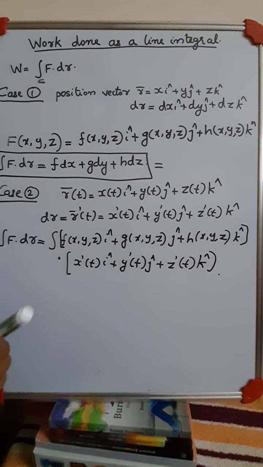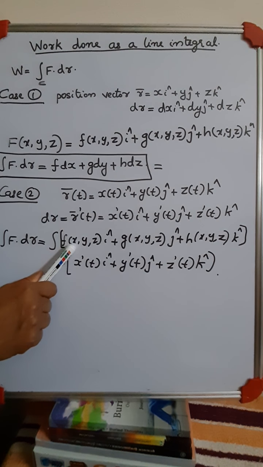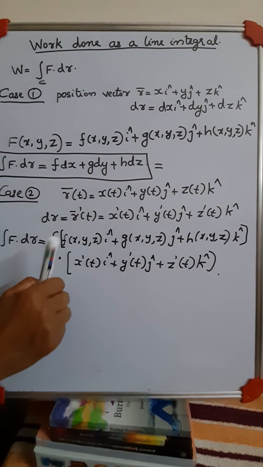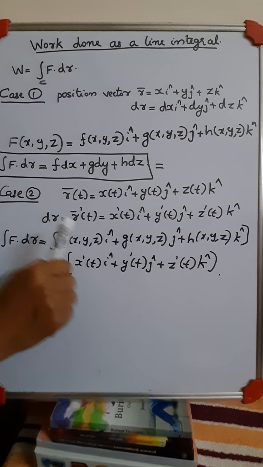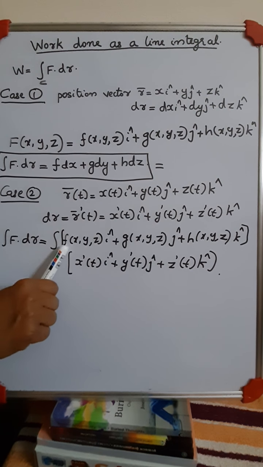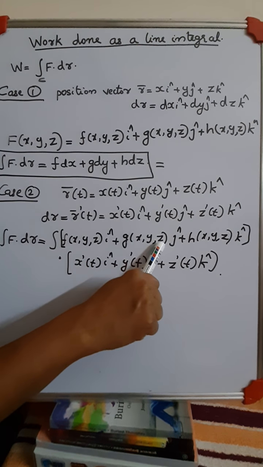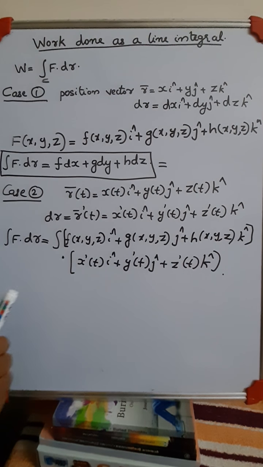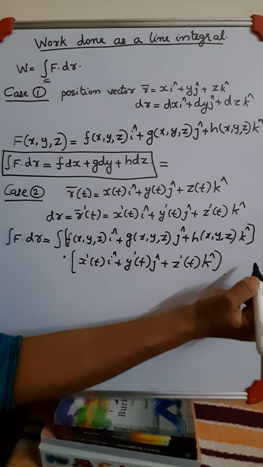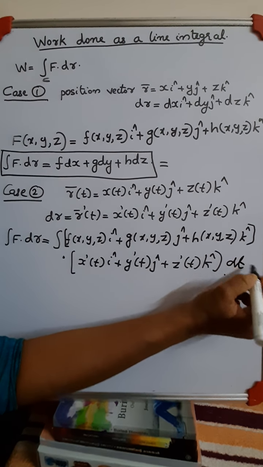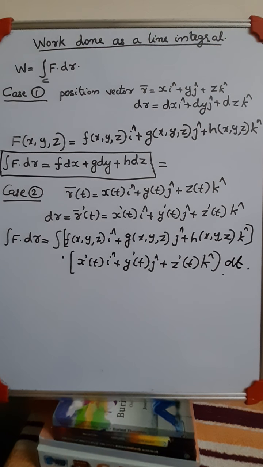Find the dot product, and then you have to replace the values of x, y and z. Replace x by x of t, y by y of t, and z by z of t. That is, f is a function of t, and g is also a function of t, and h is also a function of t. Then dt. The integration variable is t.